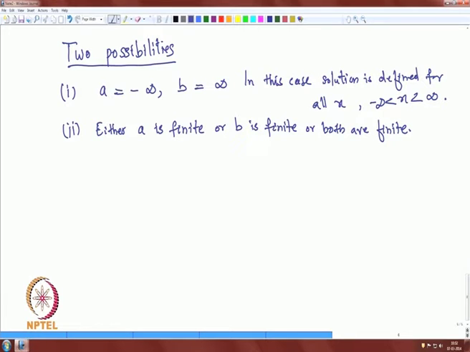So, a is a finite number or b is a finite number, or both are finite, or one is infinite, the other one is finite.